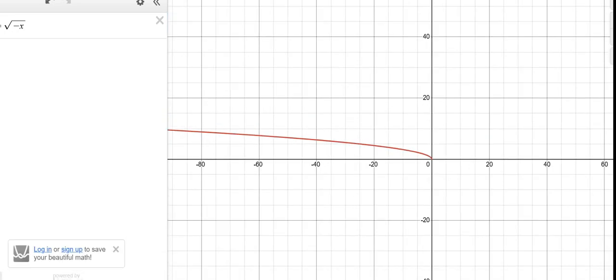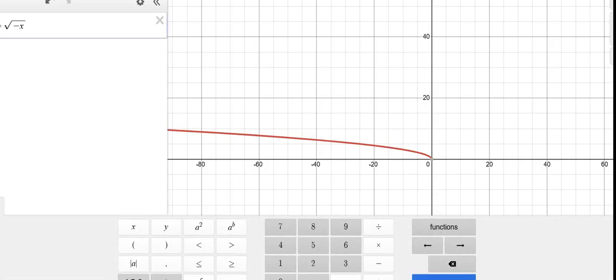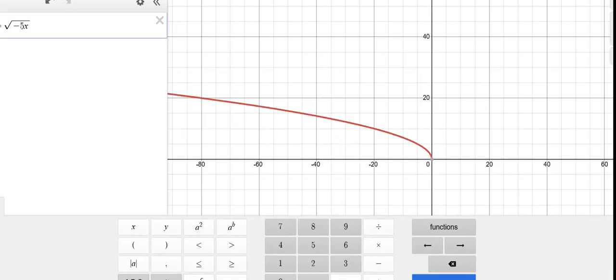As you can see, just doing that has flipped it. And let's see, go back over here. I'm going to put the 5 in there, which makes it a little bit bigger. And then I'm going to add the 25. You can see all the things that happen to it as we change it.